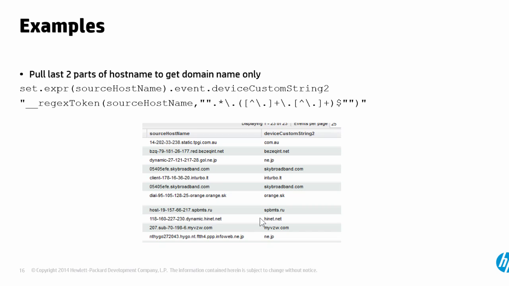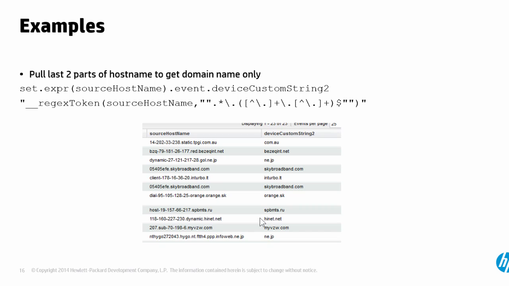So we're getting out the source host name, and then dot event dot device custom string 2 is going to be basically the destination, or the setter, so to speak. The nomenclature is a little bit confusing, but that's basically what's happening. So we're getting source host name, we're setting device custom string 2.